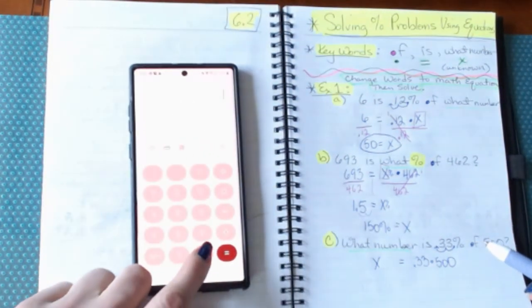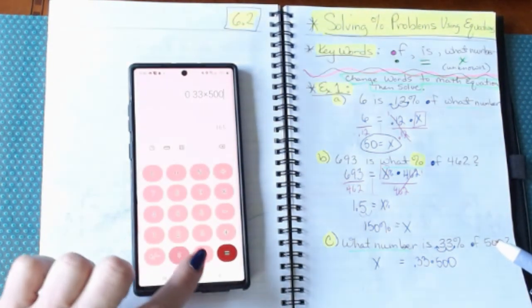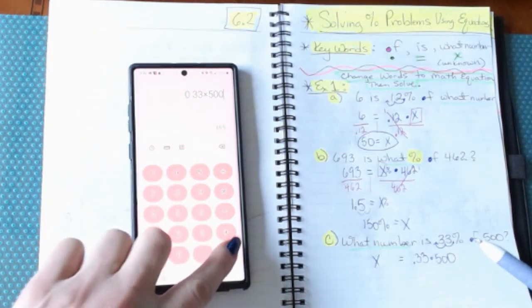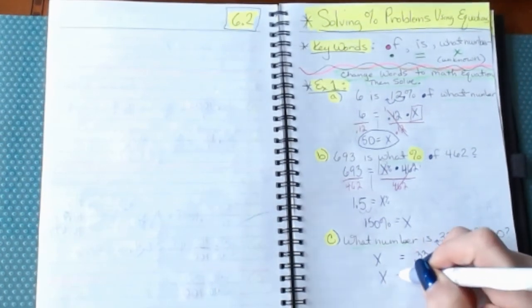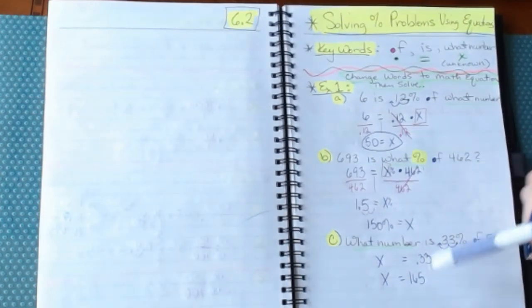So I take 0.33 times 500. Let's double check our math. 0.33 times 500, enter. 165. So in this case, we didn't have to do any inverse operations or anything like this. It was pretty straightforward because they were sitting right next to each other.